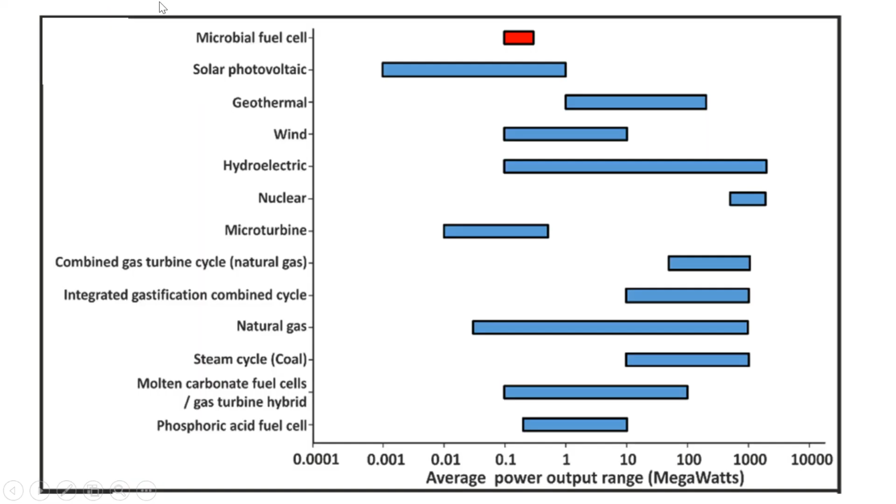We compare the microbial fuel cell with solar photovoltaic, geothermal, wind, hydroelectric, nuclear, and micro-turbine. We see that the average power output range is between 0.1 and 1. So it shows that the microbial fuel cell is a good candidate for energy generation.